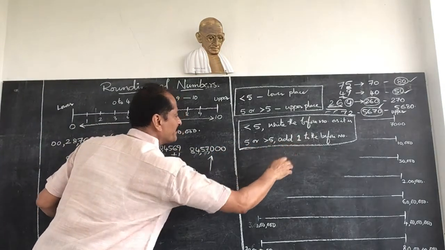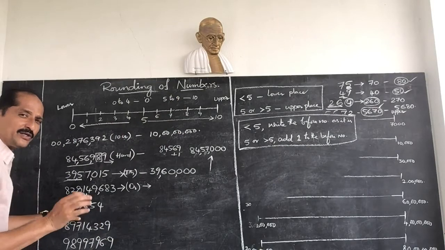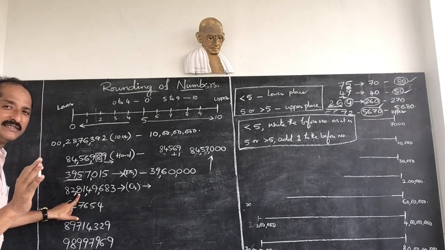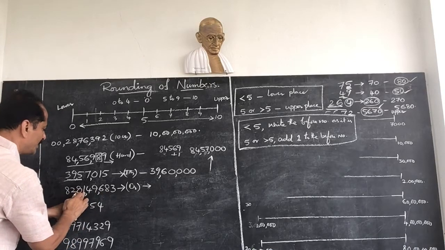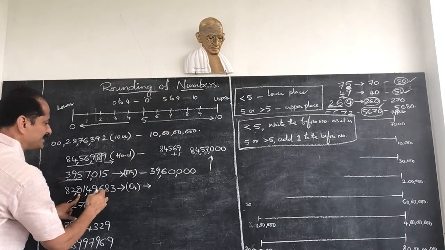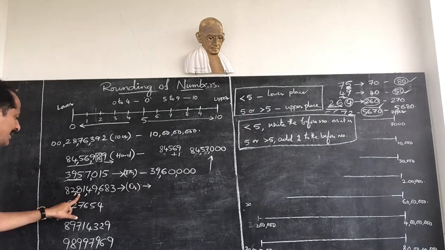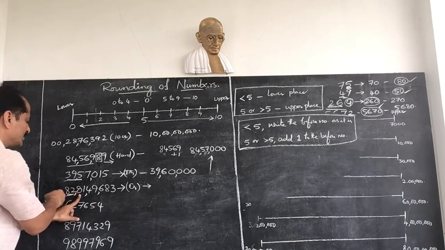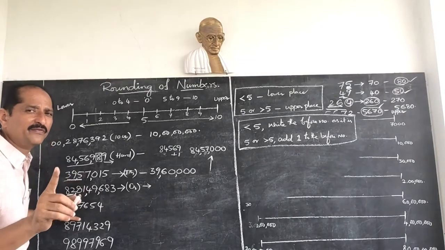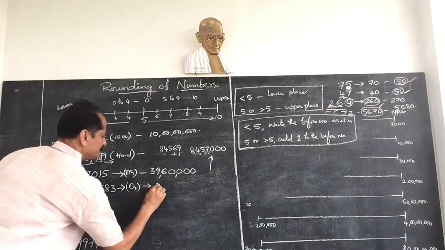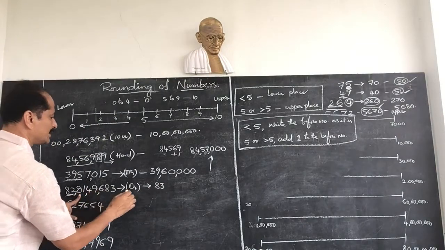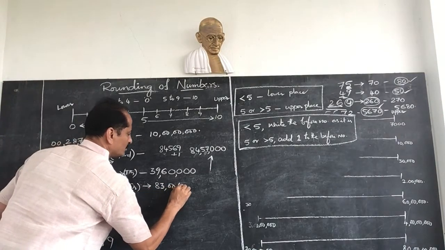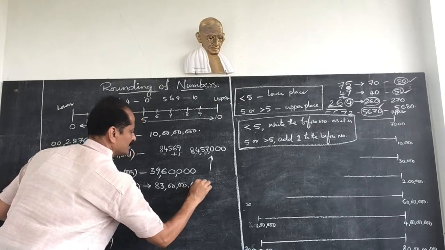So add 1 to the before number. ఇక్కడ గుర్తుపెట్టుకొని జాగ్రత్తగా నెక్స్ట్ లోవర్ ప్లేస్ ఏదైతే ఉందో అక్కడ నుంచి అన్ని జీరోస్ రాసేయాలి. 1 2 3 4 5 6 7 జీరోస్ రాయాలి. దానికన్నా ముందర 8 ఉంది కదా, 8 కన్నా ముందర ఏముంది 82. సో యాడ్ 1 to the before number. 82 plus 1 83 and write all zeros.